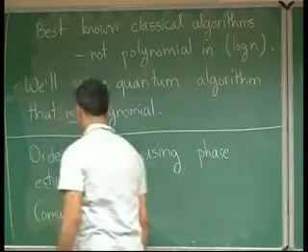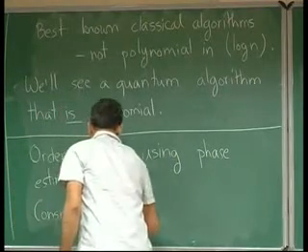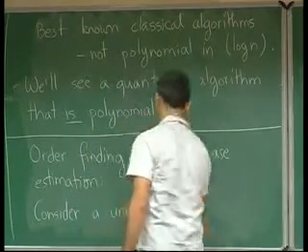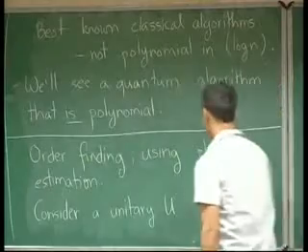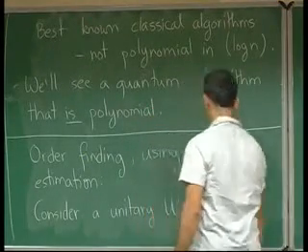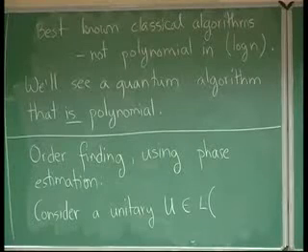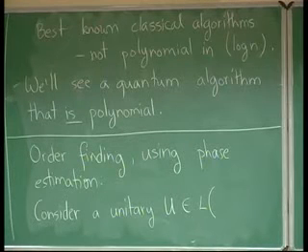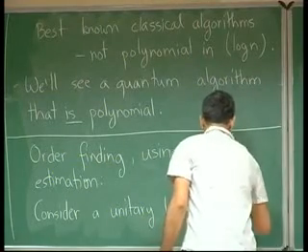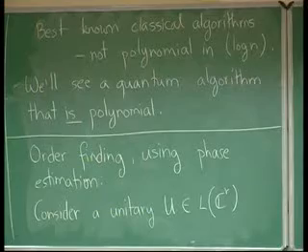So consider a unitary U. This will be defined on a state which comes from an R-dimensional complex Hilbert space. And what is this R?